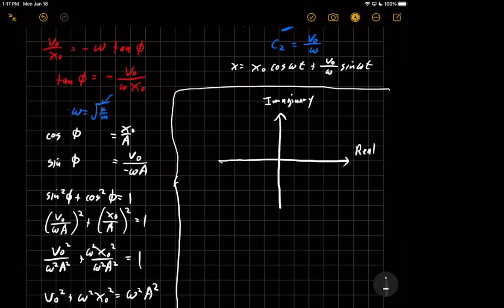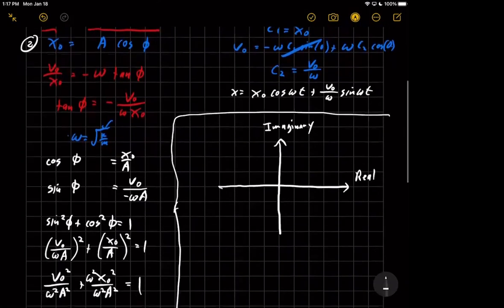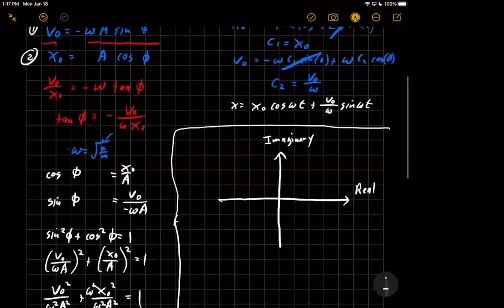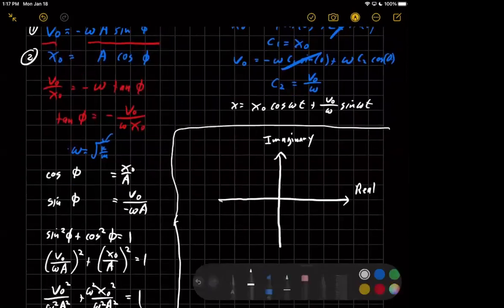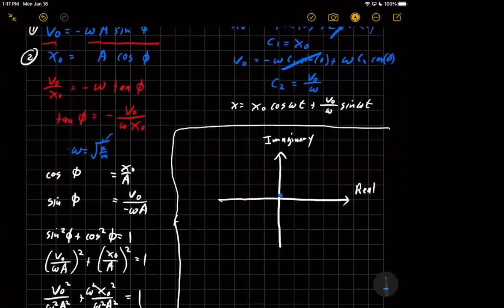We're going to consider the solution we have up above, that X equals X naught cosine omega t plus V naught over omega sine omega t, where X naught was C1 and V naught over omega is C2. What I'm going to propose is we can represent the cosine function as a phasor.